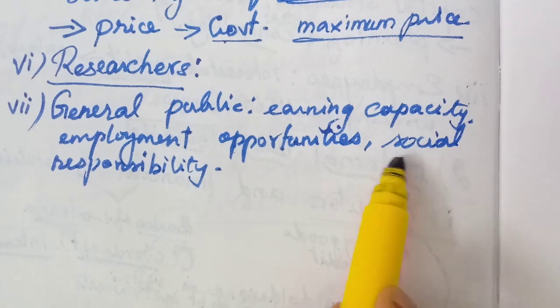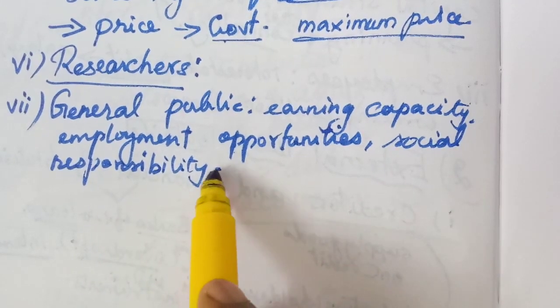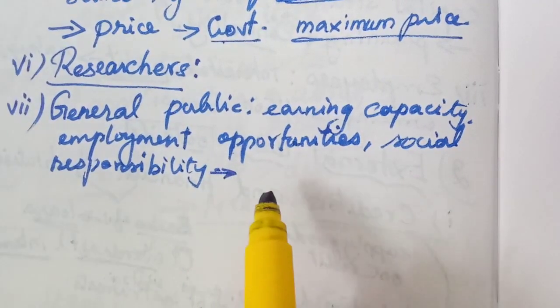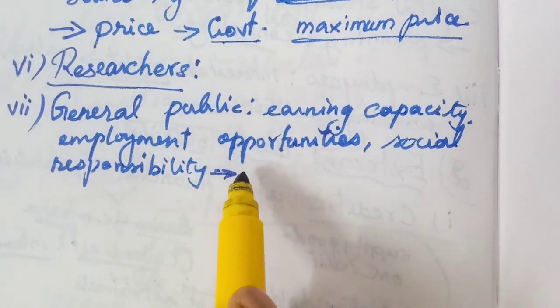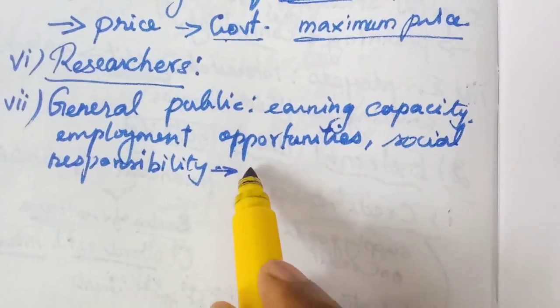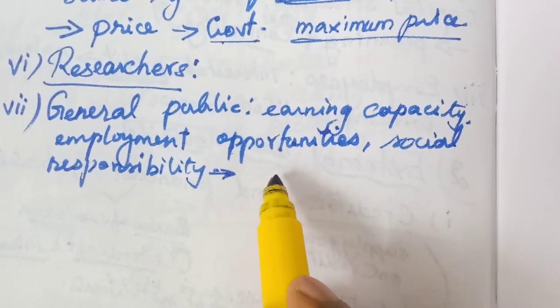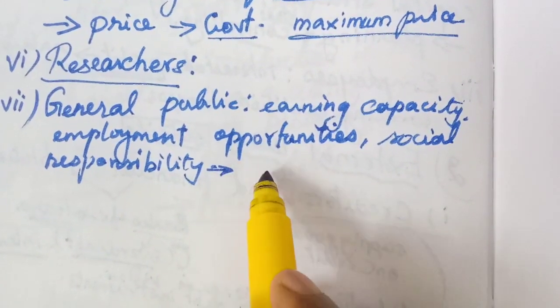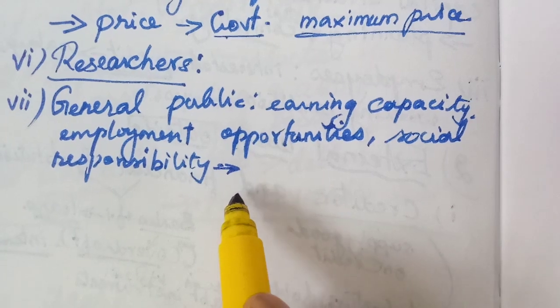So they have some social responsibilities. For example, if there is a chemical industry, that particular village's people will be affected, isn't it? So they are very much worried about what type of organization they are going to start.